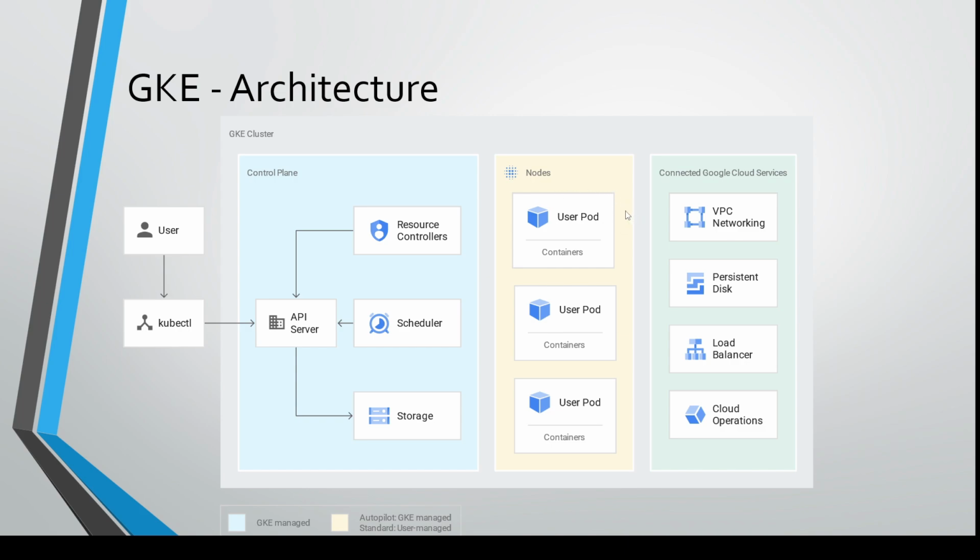You need some place to store the images for your workloads, right? Your workloads will be containers, so you use images for running your containers. Those images you need some place to store. That's where persistent disk comes in.